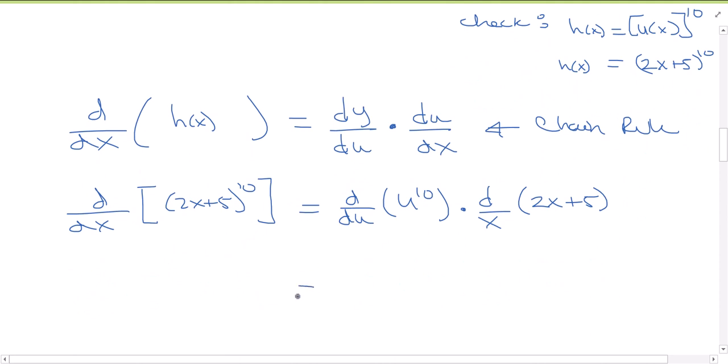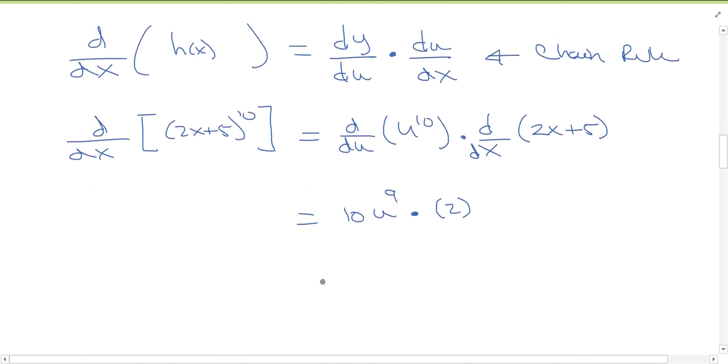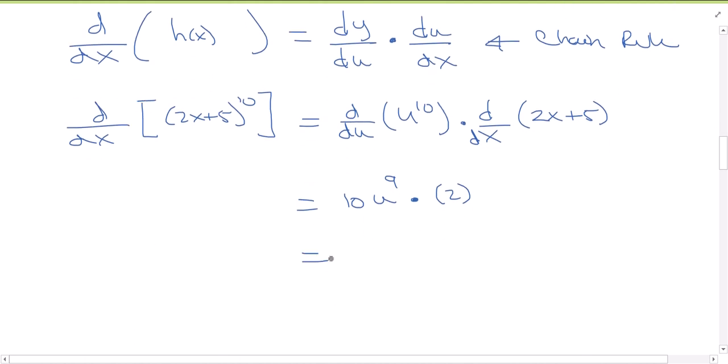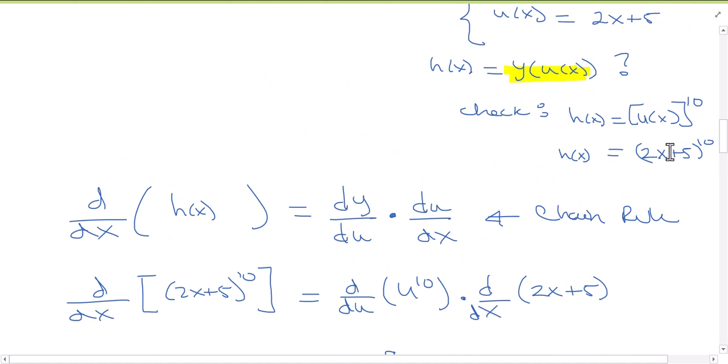And so now we take the derivative. Now here I can just use the general power rule. So this is 10u to the 9th times the derivative with respect to x of 2x plus 5. So that would just be times 2. And now plug in what u was. Notice up here, u is 2x plus 5.